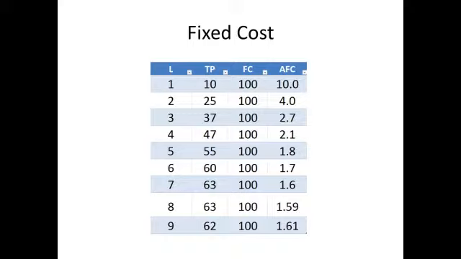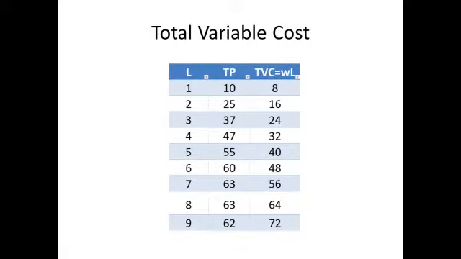And we can see that our average is going to fall quite quickly as output increases. So not surprisingly, when we come to plot this curve, it falls away almost exponentially towards our x-axis, or our horizontal axis, where we're plotting quantity of output.